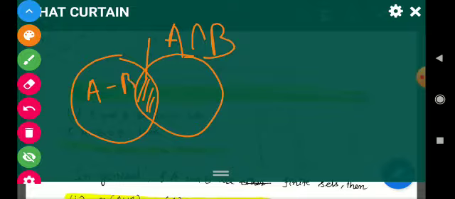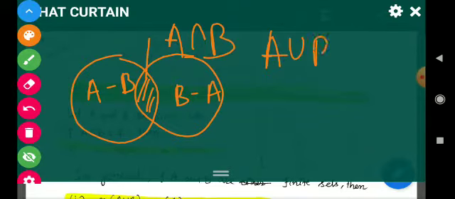This middle portion is A intersection B. This one is the element of A but not the element of B. This part is the element of B but not the element of A. So we have divided A union B into three parts which are all disjoint.